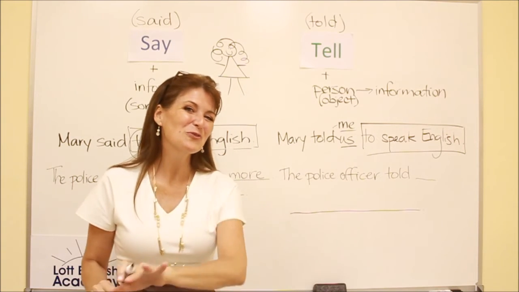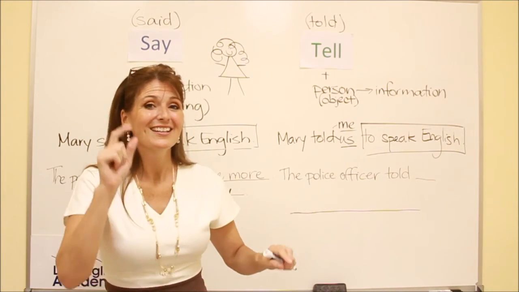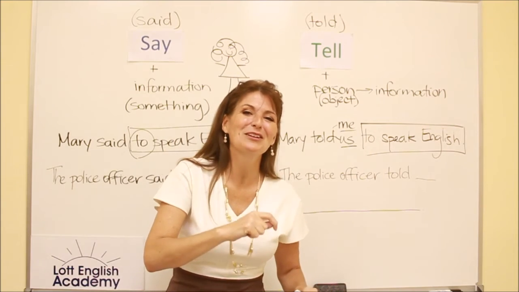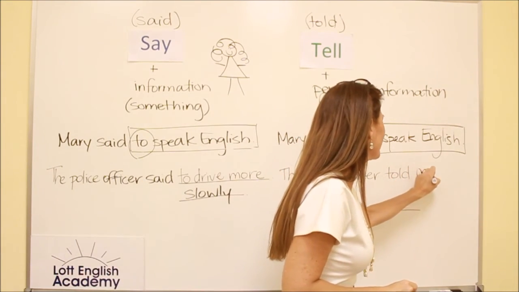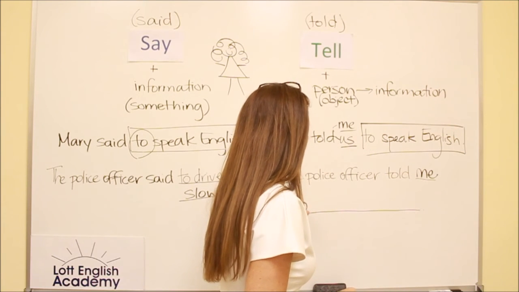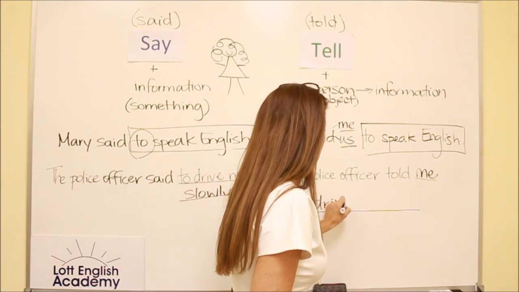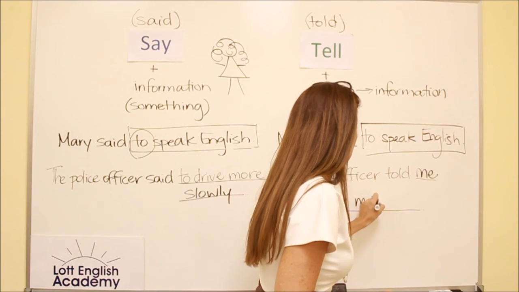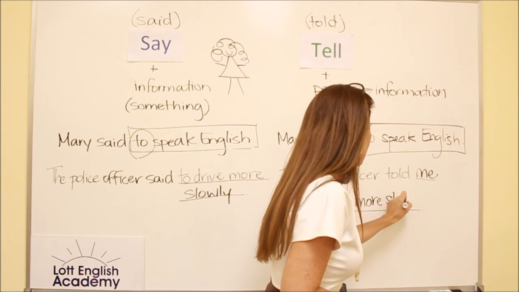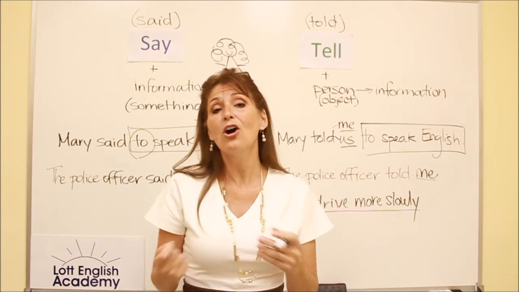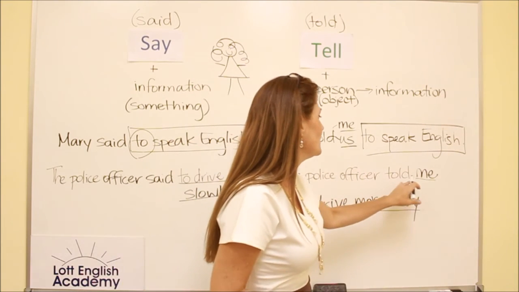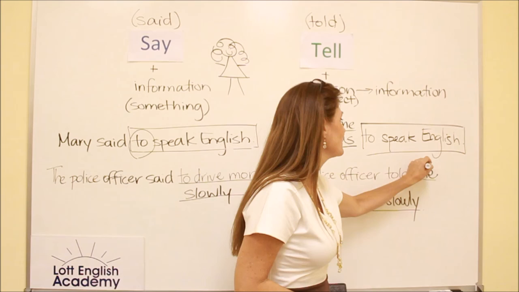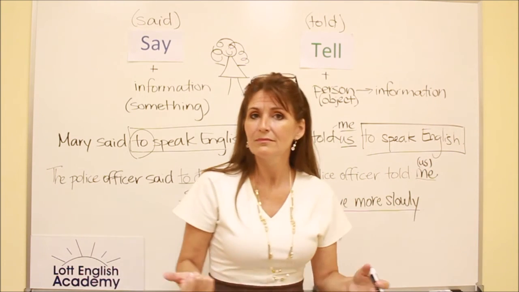If you're sitting with your friends, you could say, oh sorry, not sitting with your friends, you're alone in the car. And the police officer told me to drive more slowly. Now, if you were in the car with friends or with other family members, you could say, the police officer told us, like the group, okay?